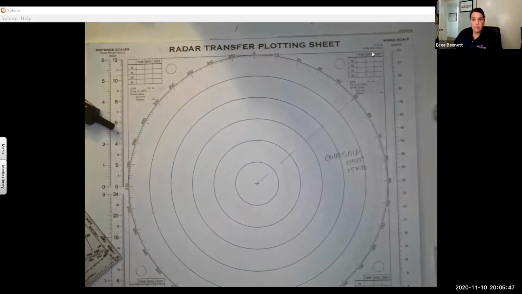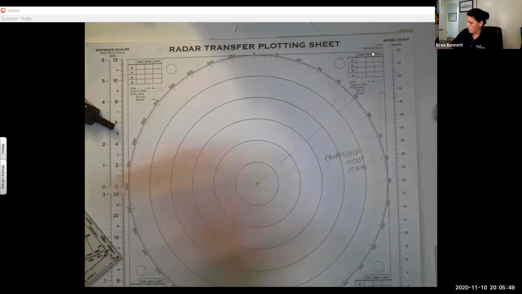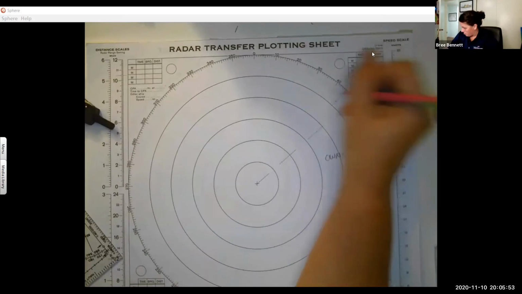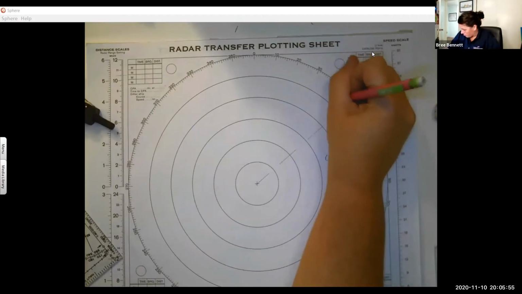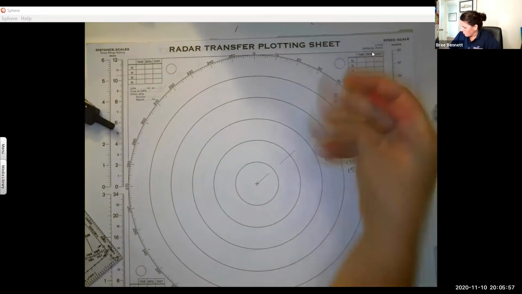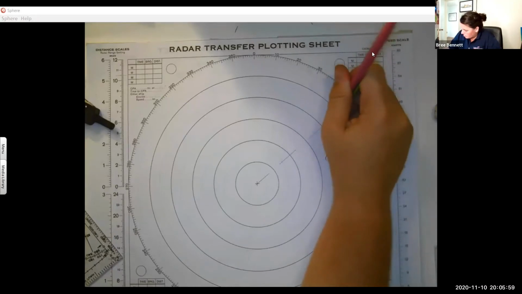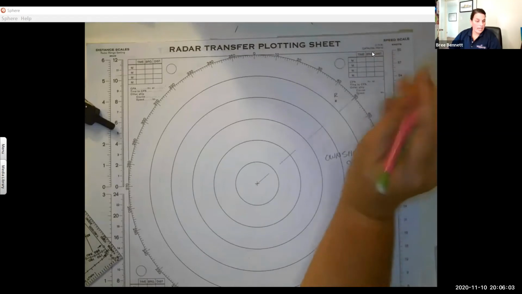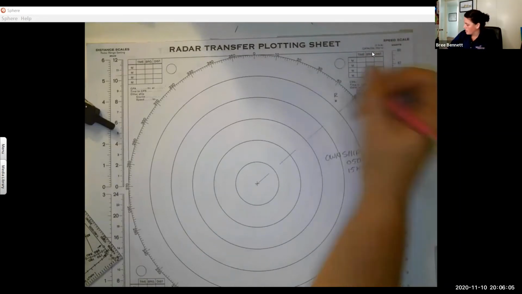And we're going to label this R. Okay. So that's at 1927.